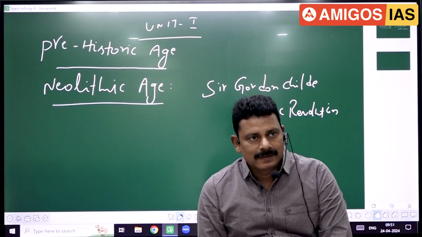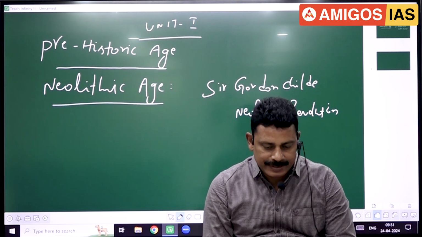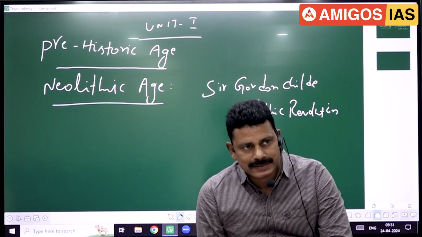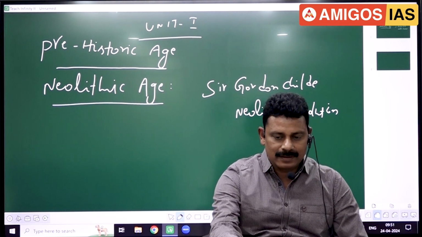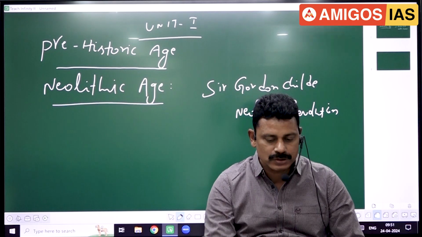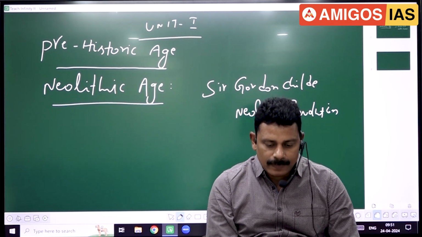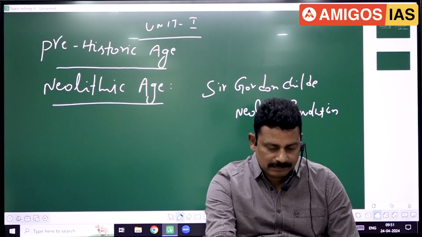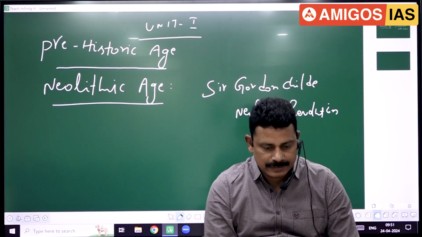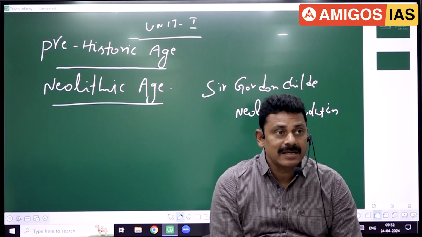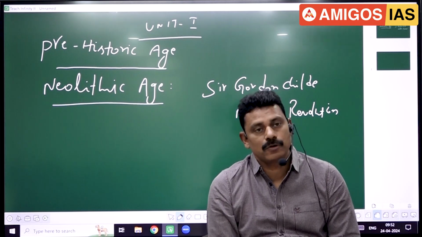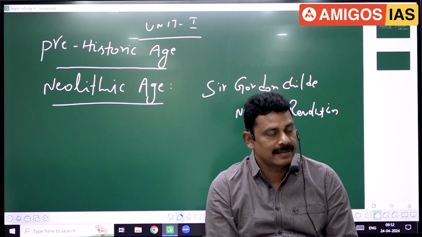Some other materials can be seen here. Stone axes, important tools that we have found here. Stone blades. Even pottery began to be manufactured. They made pottery.